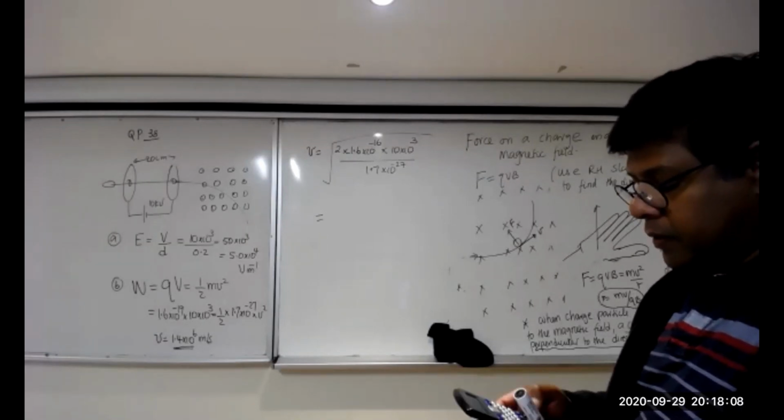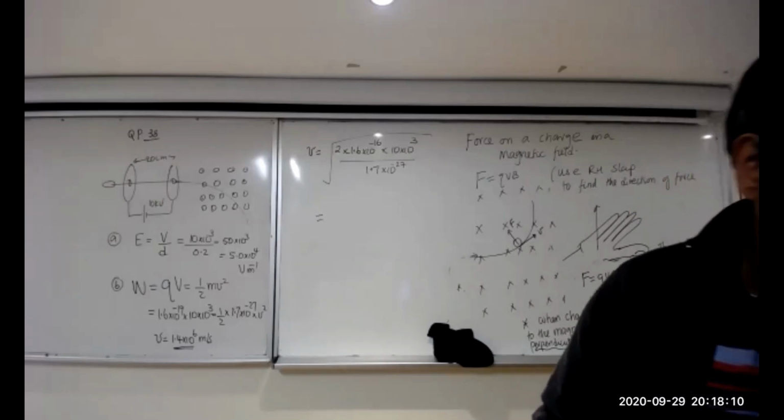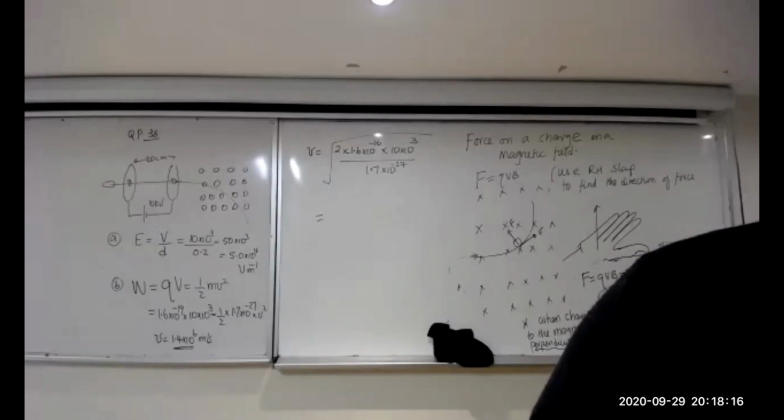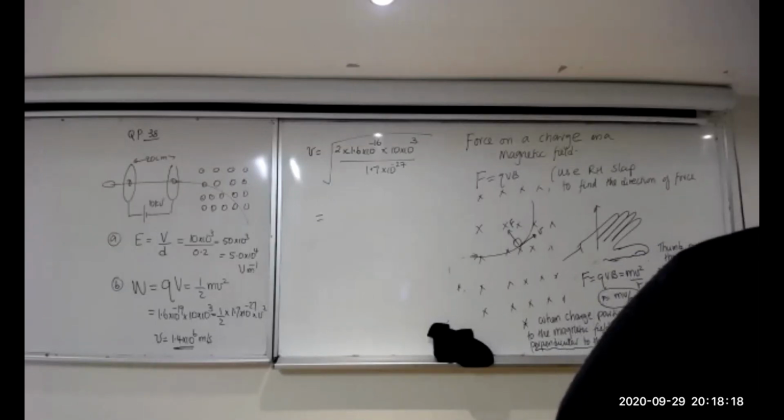Then get the square root of that. 4.3 times 10 to the power 6, isn't it?